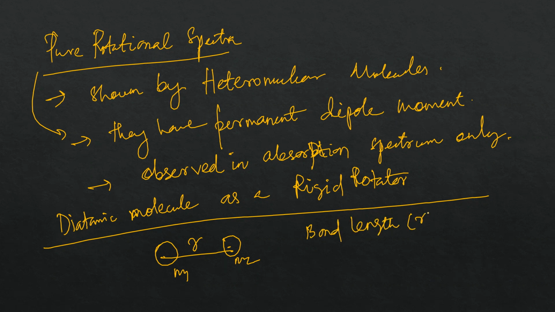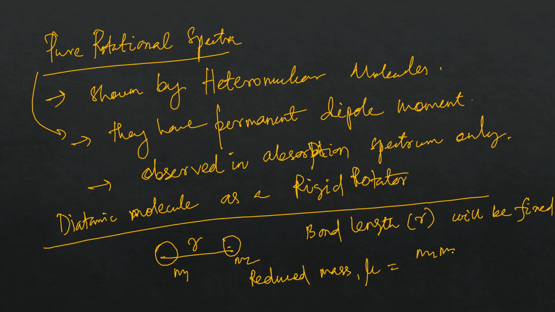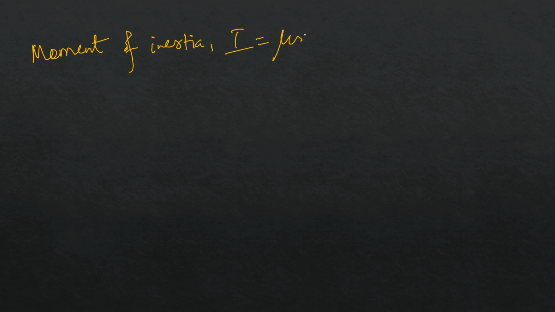The reduced mass mu is equal to M1 M2 by M1 plus M2. The moment of inertia I is mu r square, where mu is the reduced mass.